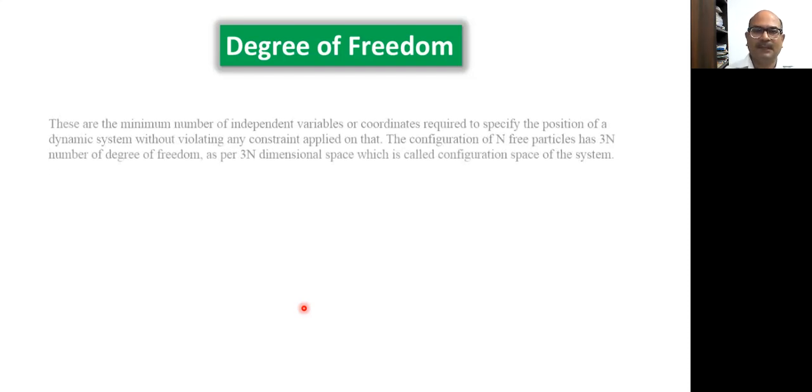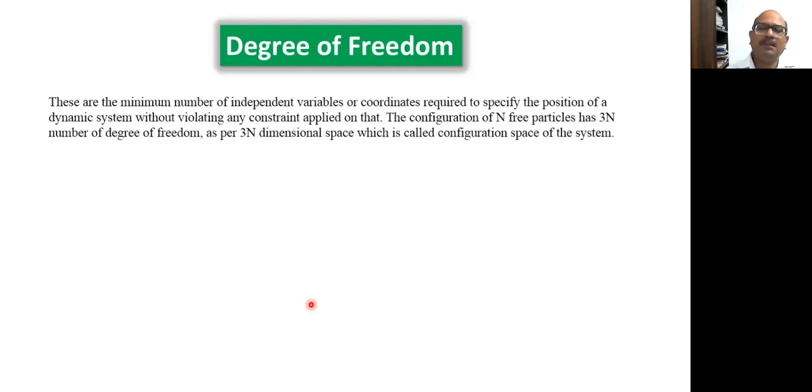Now, according to the directions available and the possibility of the movement of that object, we can now define a very important parameter, which is known as degree of freedom. These are the minimum number of independent variables or coordinates required to specify the position of a dynamic system.